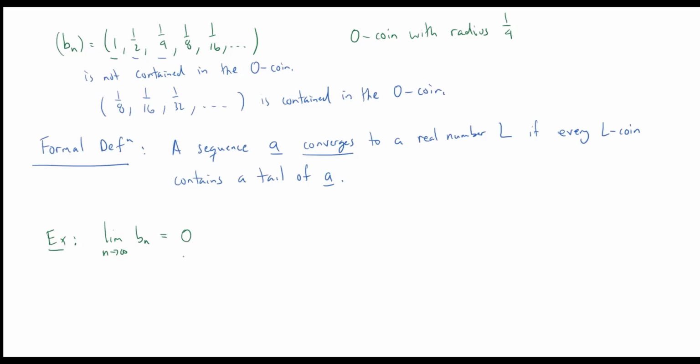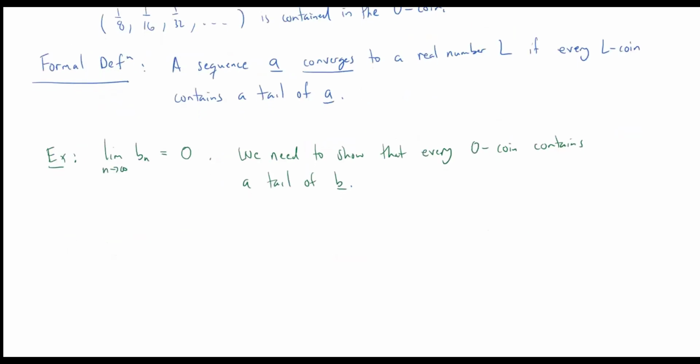So to prove that this limit is 0, we need to show that every L coin, which in this case L is 0, so we need to show that every 0 coin contains a tail of B. I need to take a 0 coin then.